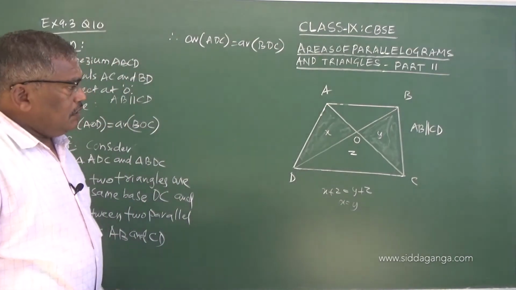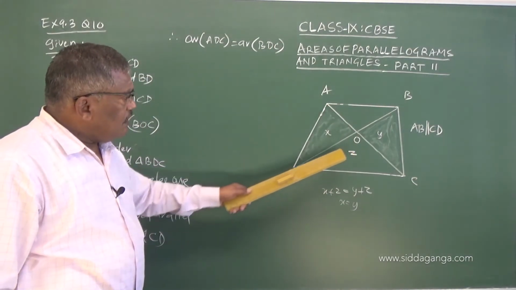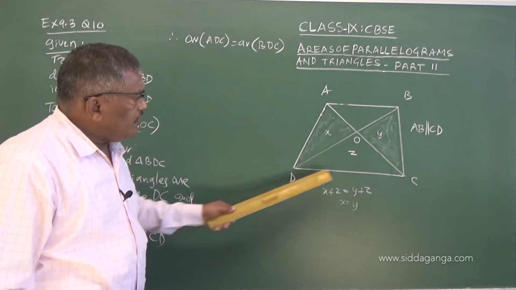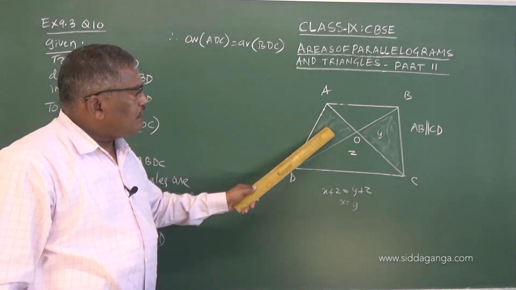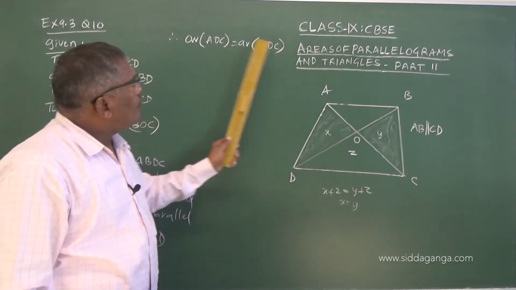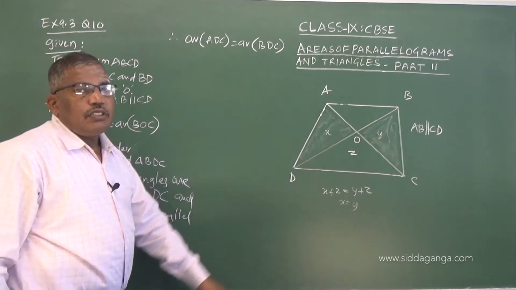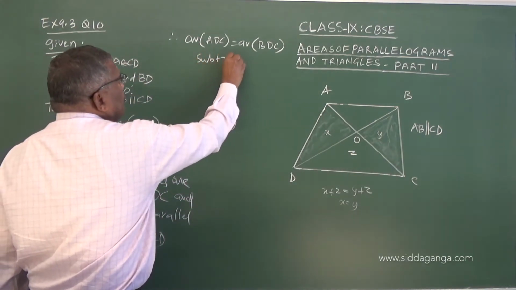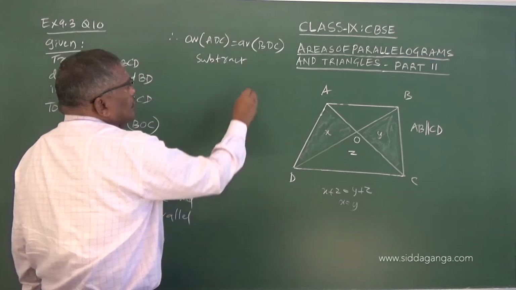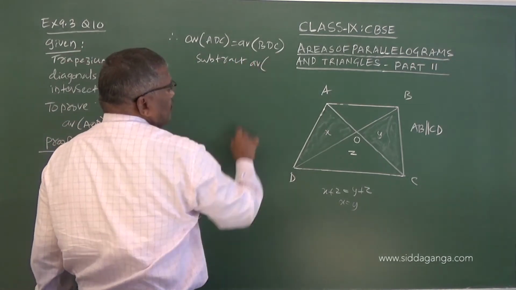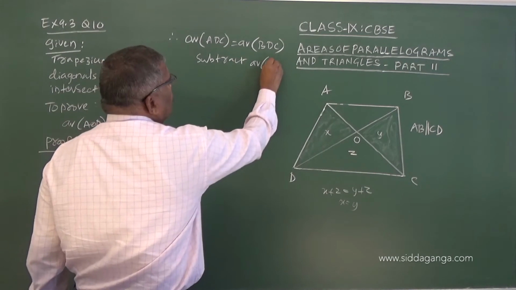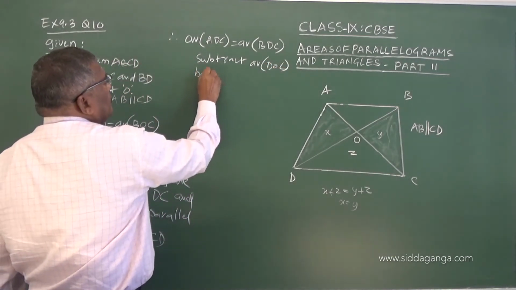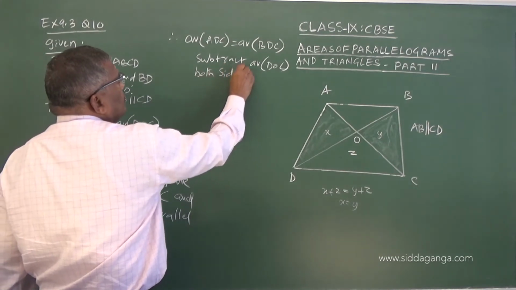Now, if you subtract this DOC area or ODC area from this total and from this total, you will get X equals Y. Subtract area DOC both sides in this equation.